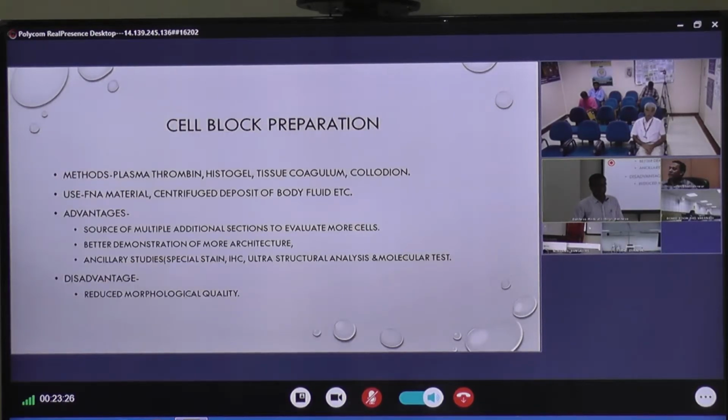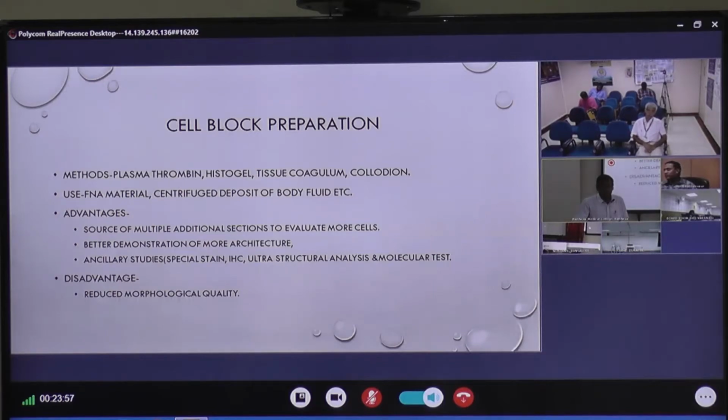Now coming to cell block preparation, this is another way of presenting the cytology material. When the material is collected and a satisfactory number of smears are done, the rest of the material can be submitted for cell block preparation. Sometimes an extra pass or additional dedicated pass may be done to collect more material, and that material is fixed in formalin, centrifuged, and a cell pellet is formed.